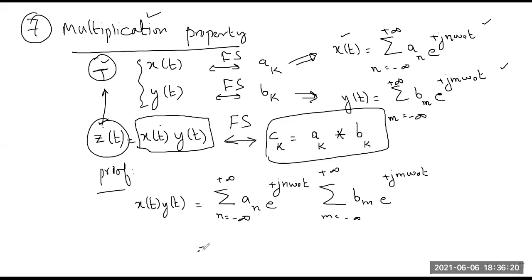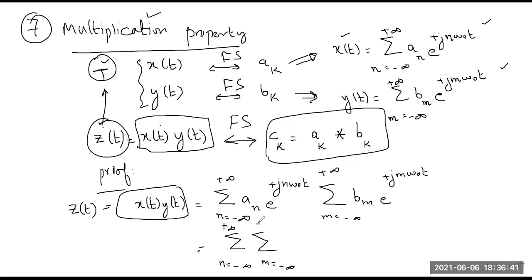Let me, so this thing, of course, I'm calling this Z of t. So we have the sum over n from minus infinity to plus infinity, then the sum over m from minus infinity to plus infinity, and then we have a_n, b_m, and then we can combine these two exponential functions, this one and this one.